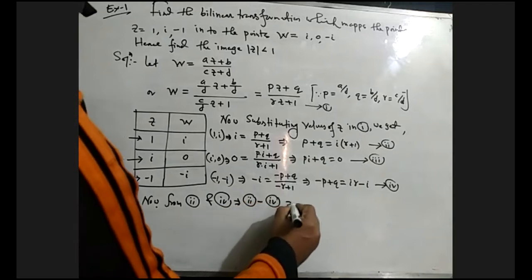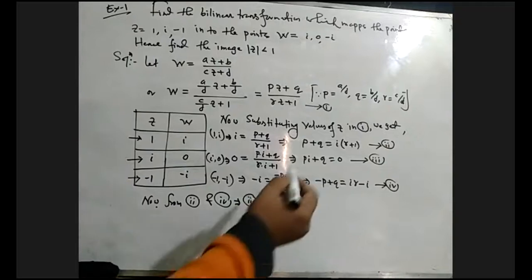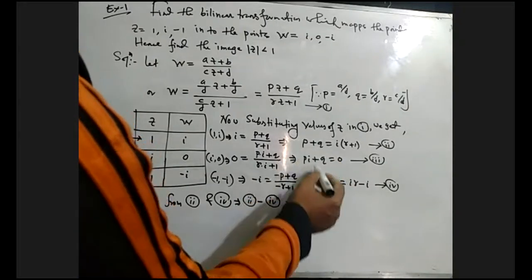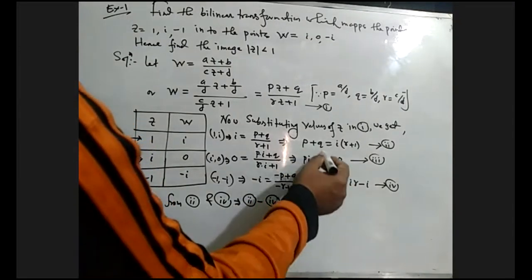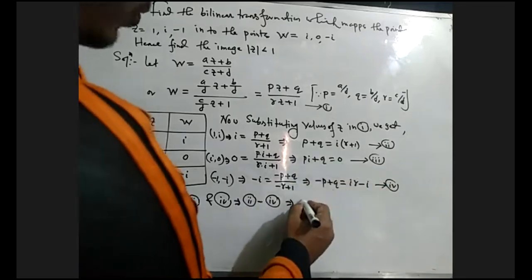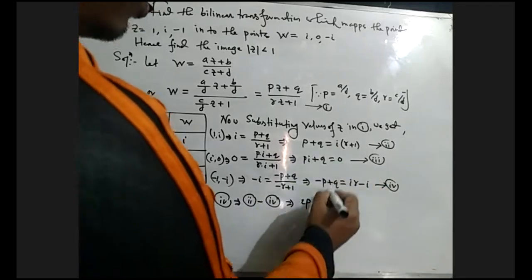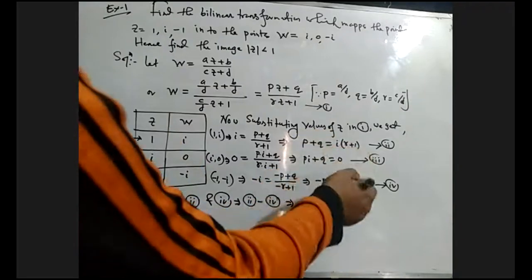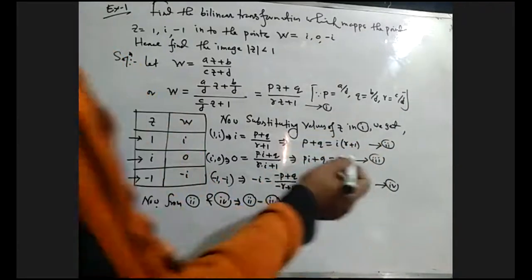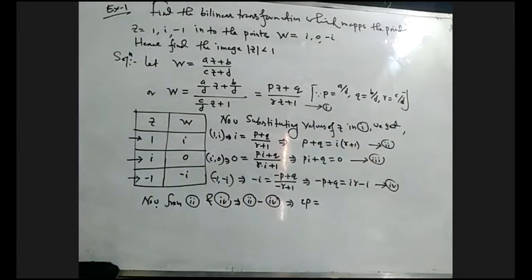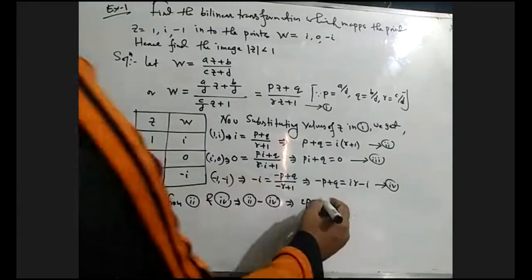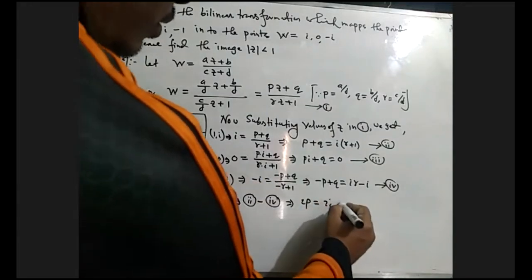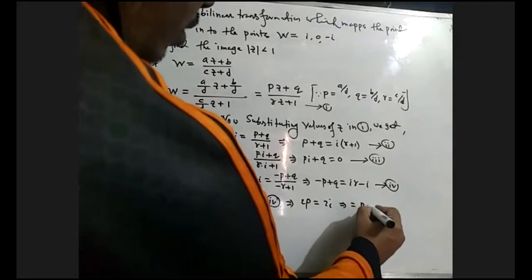Subtracting 4 from 2, what do we get? Q will be cancelled. So twice P equals what? iR will be cancelled, so twice i. Therefore P equals i.